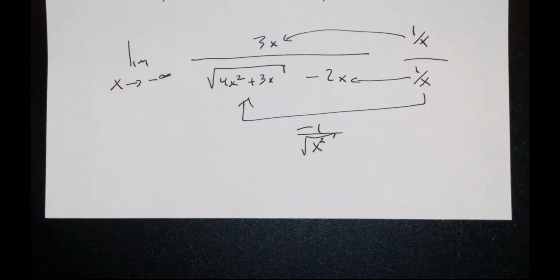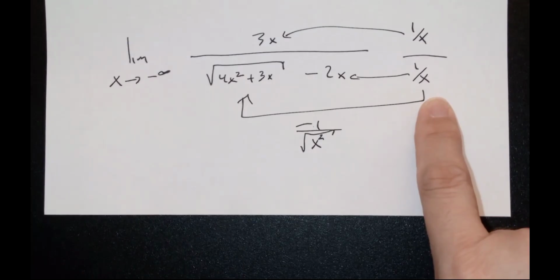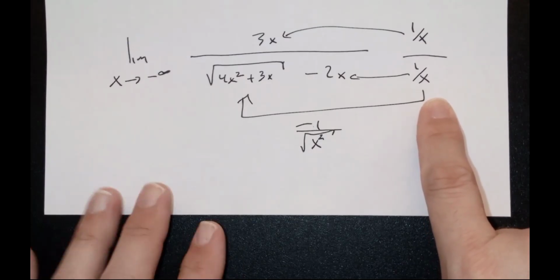Yes, because I know this number should be negative. This expression is positive, always. So I needed to make it negative to match. What would it match? It matches this. Would that be 1 over negative? Or is that whole, like, 1 over x?